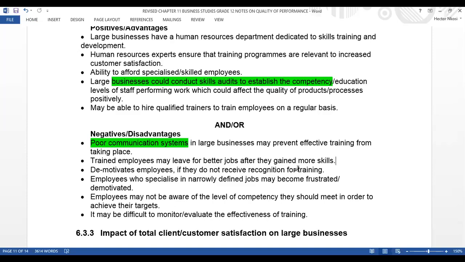Other trainings, guys, I'm telling you, you just go for a training, you don't even get what? The recognition certificate. And sometimes it demotivates you because you ask yourself, why should I have to do this thing? Because it's not going to help me.